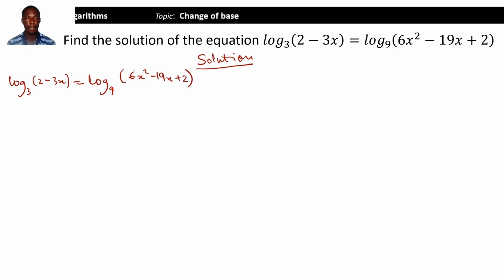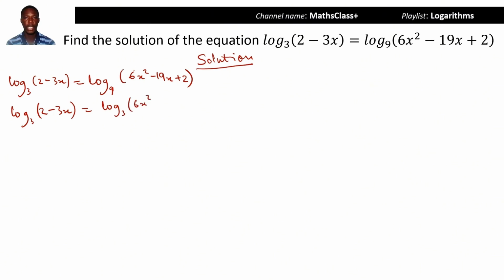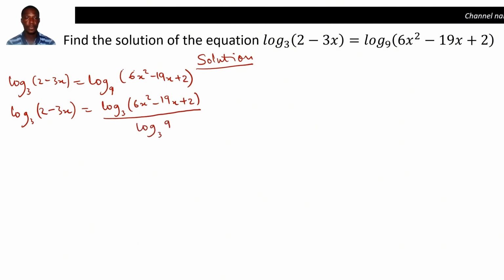Okay, so here I'll maintain the left hand side as log to the base 3 of 2 minus 3x, and then change the base of the right hand side to base 3. That gives me log to the base 3 of expression in brackets 6x squared minus 19x plus 2, divided by log to the base 3 of 9. Okay, so I'll rewrite the denominator, which is log to the base 3 of 9.